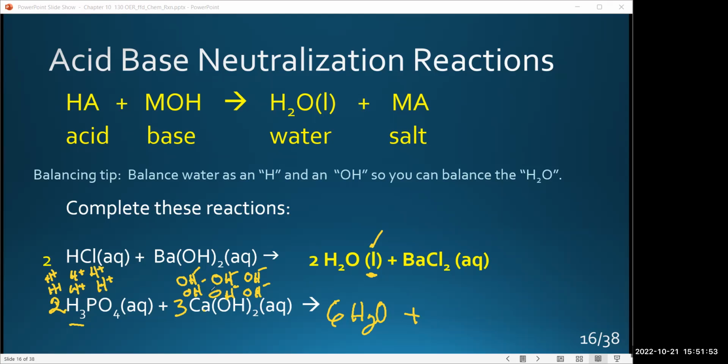Now we're going to worry about the salt, which is the calcium, and the nonmetal, which is the polyatomic ion phosphate. So before we do anything, we're going to put them together in ionic form. So calcium has a +2, as in the case of barium. And the phosphate has a -3. Check your polyatomic ion table.